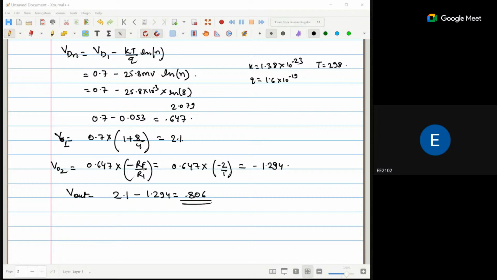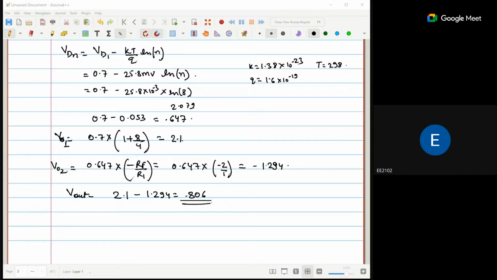Now any doubts? Yeah, so we can use the formula. That is nearby 0.7 volt, but what is the exact value of that?